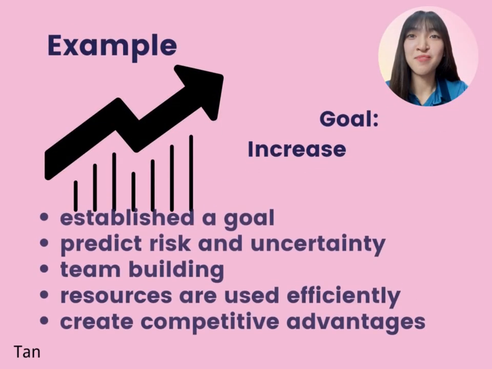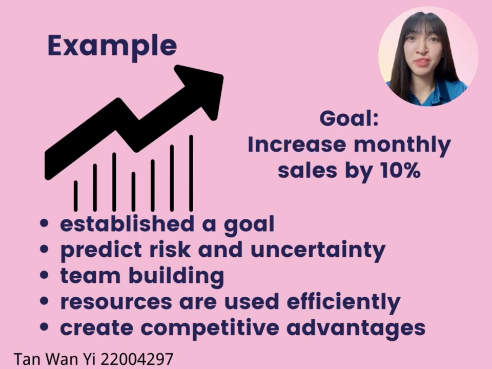Let's see an example. A company has established a goal of getting an increment of sales by 10% within a month, and this goal is specifically for the sales department. By setting this formal plan, the sales staff from the organization will need to comply to the steps in chronological order and predict the risk and uncertainty that they might face during the process.